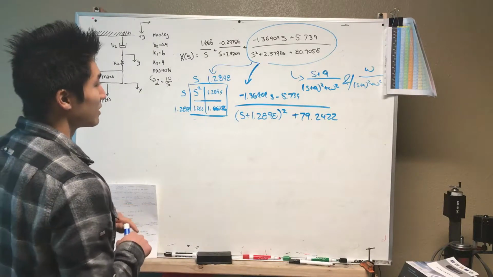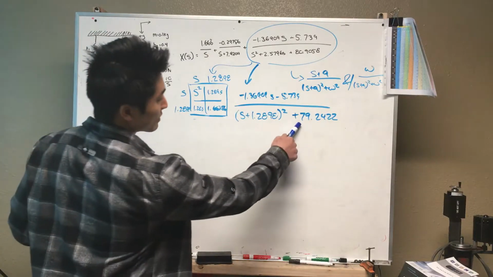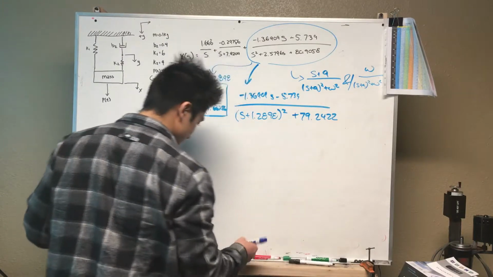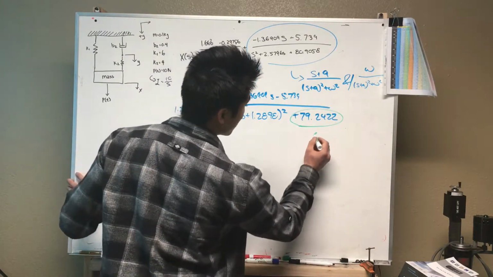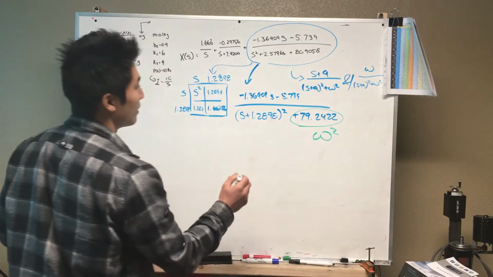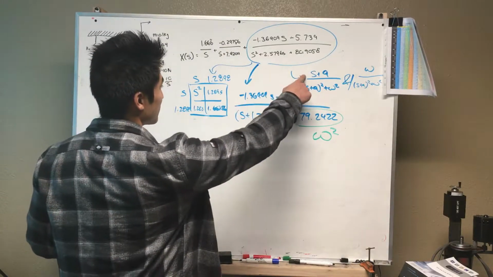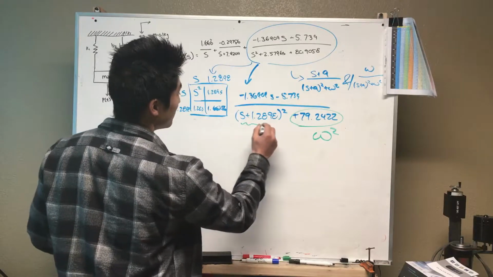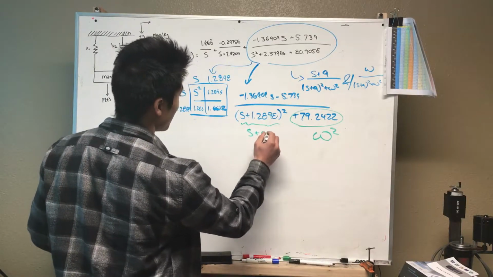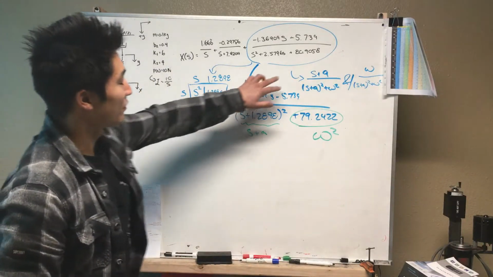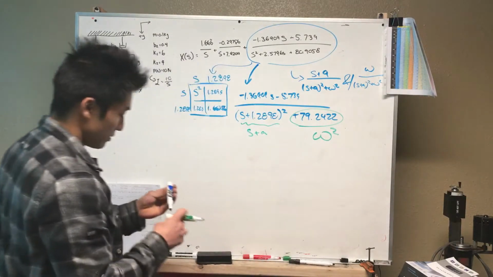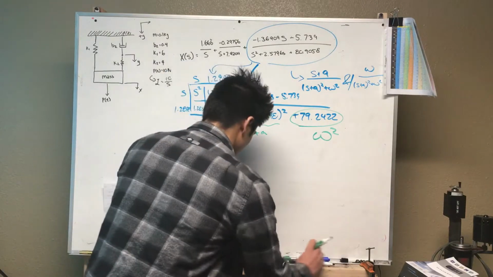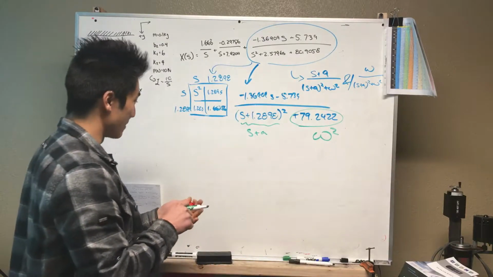And we could take a look that this looks like omega squared, and this has to be s plus a, where this is s plus a. If we want to do that, what we're going to do here is something very, very cool, in my opinion.